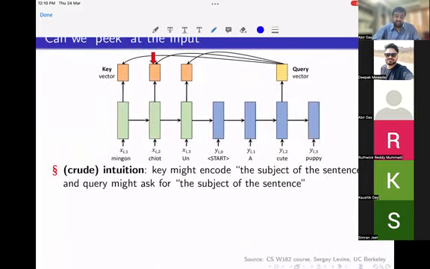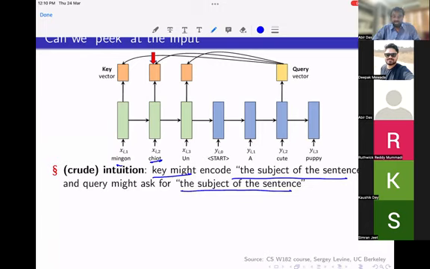Again, this is a crude intuition, as I was always telling: the key might encode the subject of the sentence. Maybe it is encoding that this is the subject of the sentence in the source language, and the query is looking for the subject of the sentence.